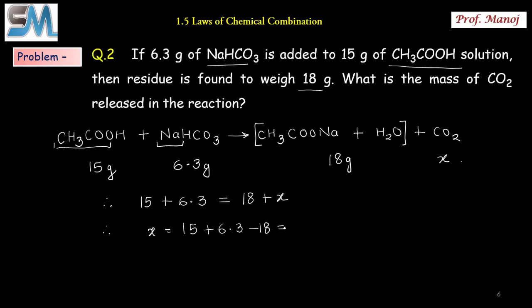This calculation should give you the final answer as around 3.3 gram of carbon dioxide. This is a question type where they have not given us individual masses of the products. They have differentiated between a gaseous substance and the other mixture of products. This is just another variety of giving the problem.